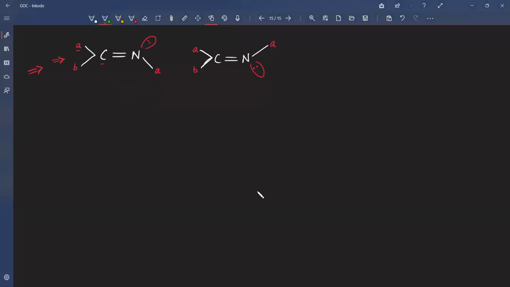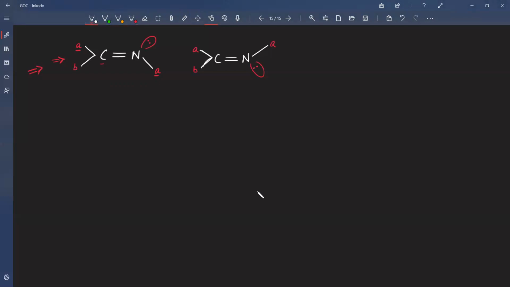What you are seeing here in the first case, it may not be possible that you have A here and here. If it is H and H, it is possible. Otherwise, it will be a little difficult to give any name to this. So where you find this, let us see that one by one.